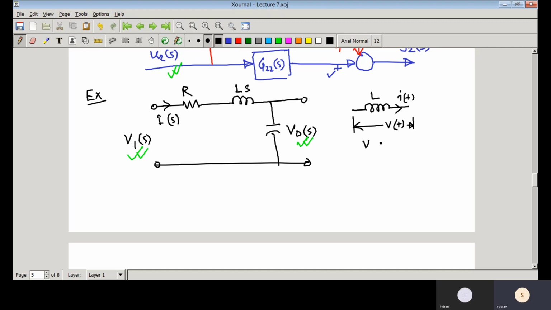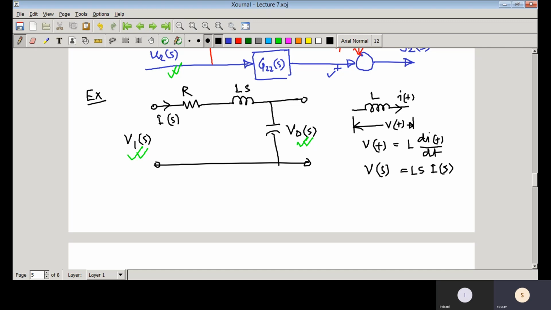So v(t) equals L di(t)/dt. Now if you take zero initial condition, because we are interested in finding the transfer function, then that would be V(s) equals Ls into I(s).